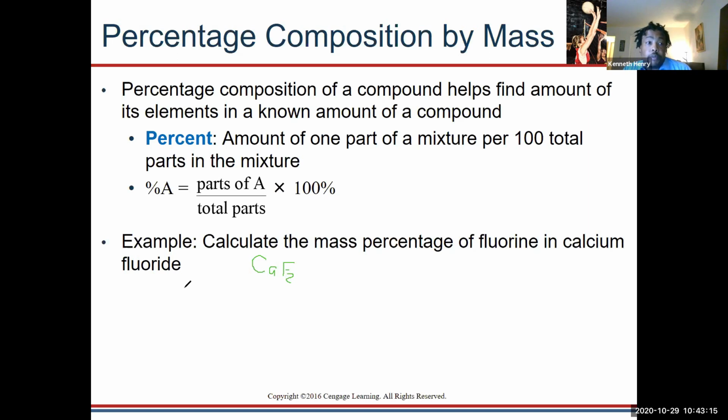When we calculated the molar mass, we had 1 Ca, and that's 40. And we had 2 F, so 2 times 19, which is 38. We added them together, and we got 78.